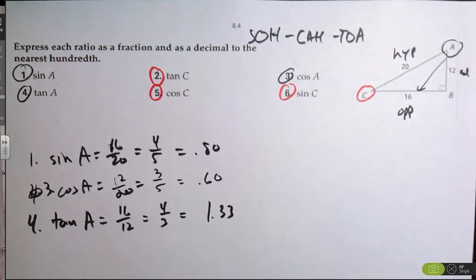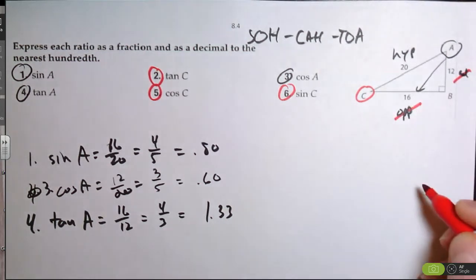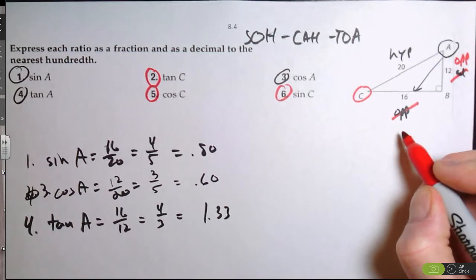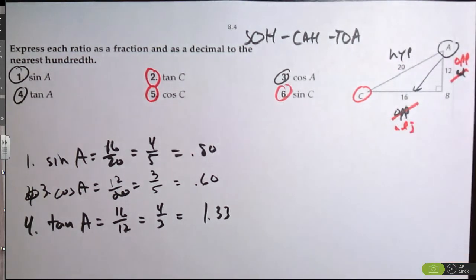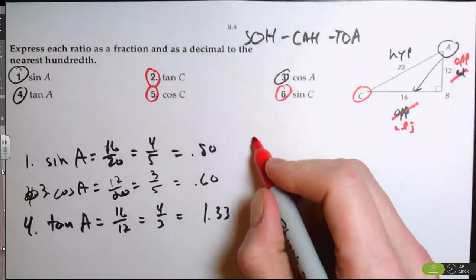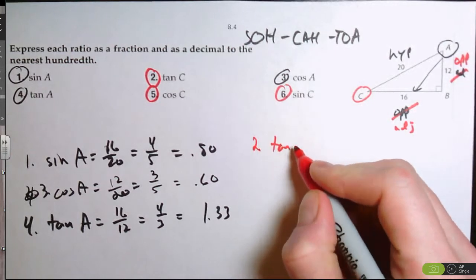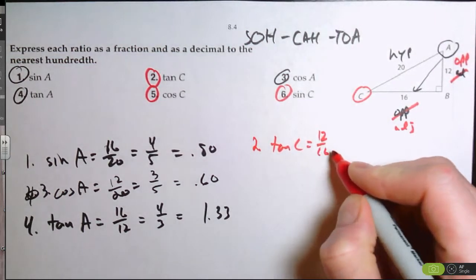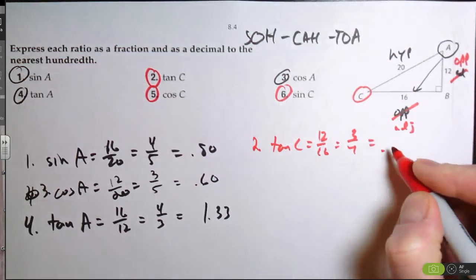Now, for angle C, what ends up happening is the opposite and the adjacent switch. 12 is the opposite, 16 is the adjacent, and the hypotenuse stays the same. So for number 2, tangent of angle C is opposite over adjacent, so 12 over 16, which is 3 over 4, which is 0.75.